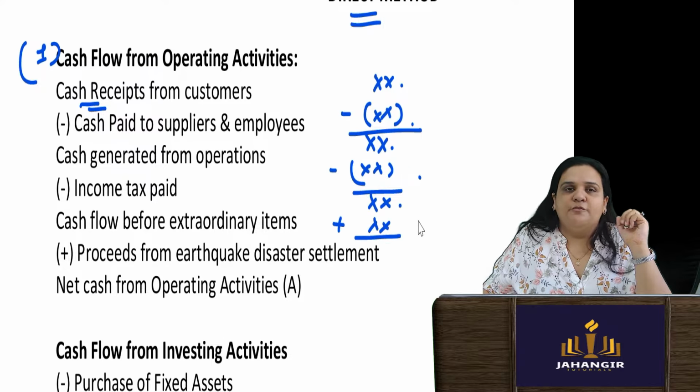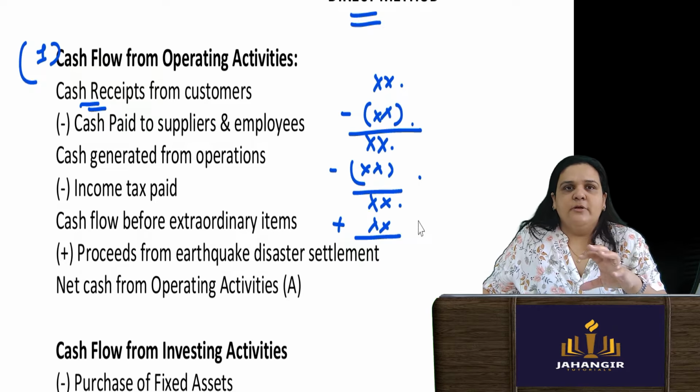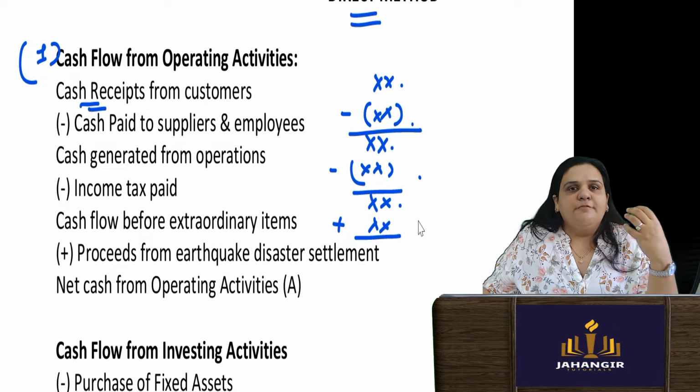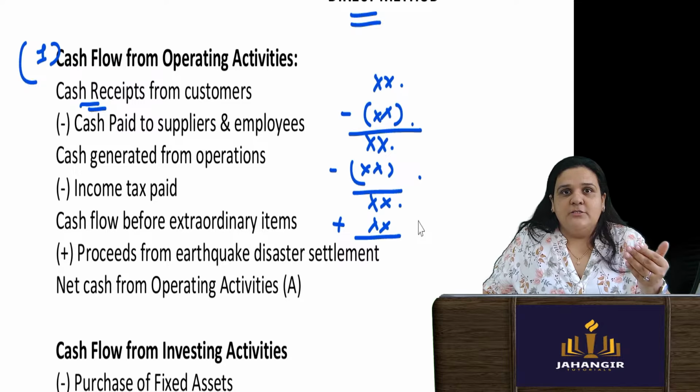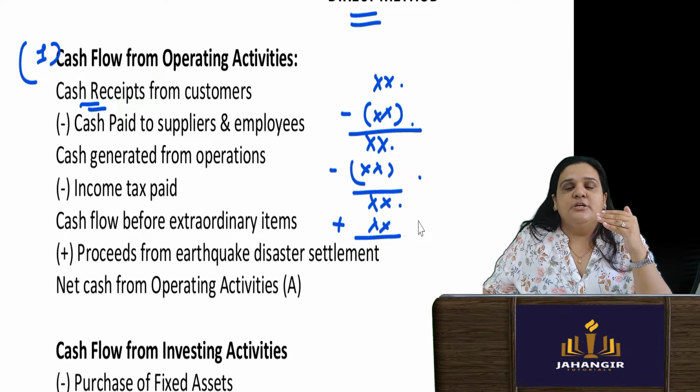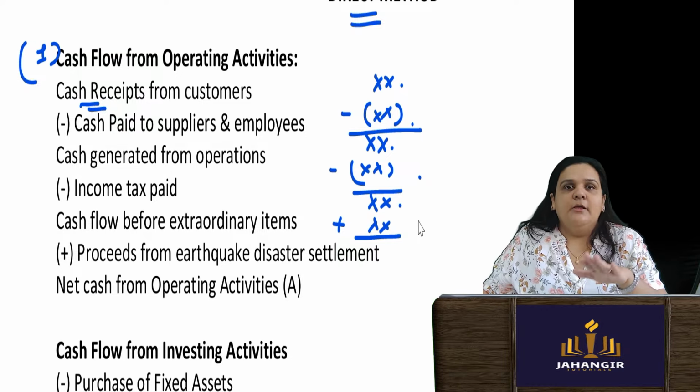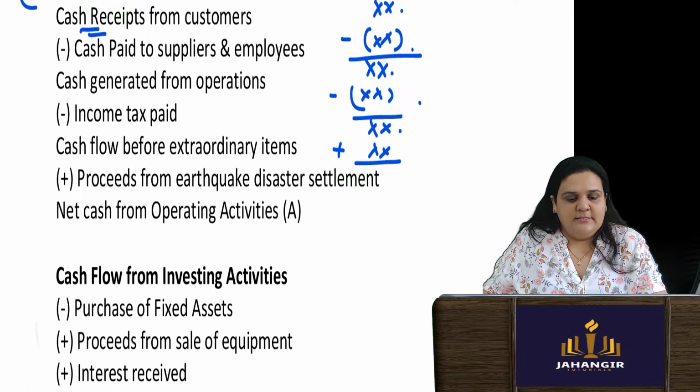We get cash flow from operating activities. Here it is looking very simple. There are a lot of things which can be there in the operating activities. There can be changes in the closing stock. There can be changes in your outstanding expenses, depending on the balance sheet they give. We will do a sum, only then you will understand this.